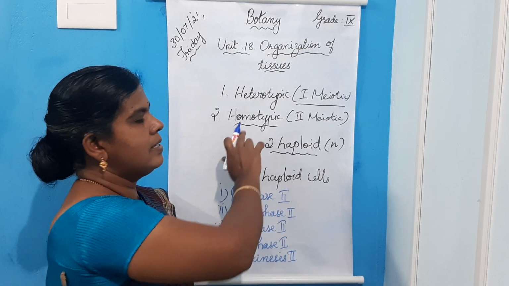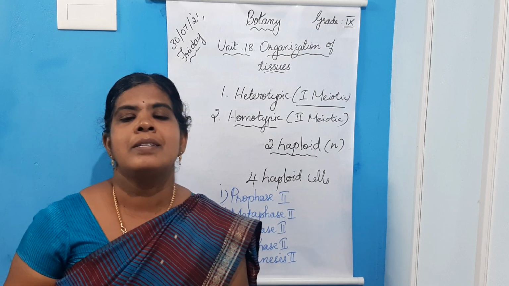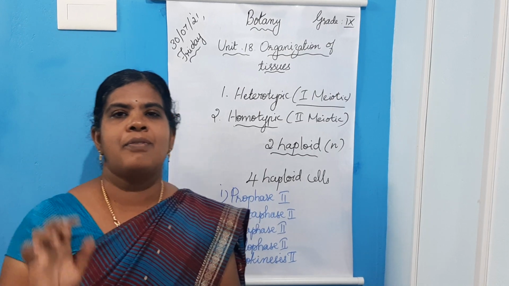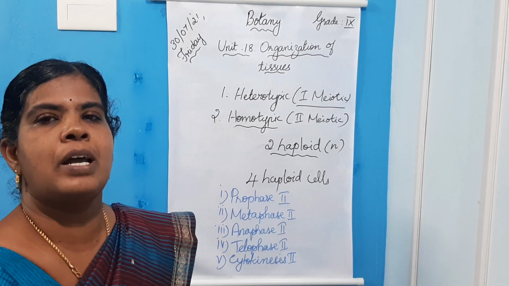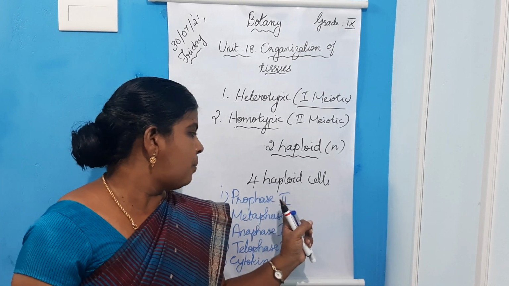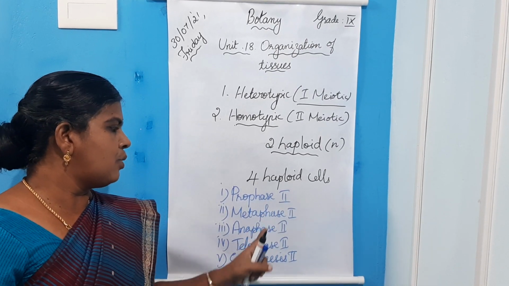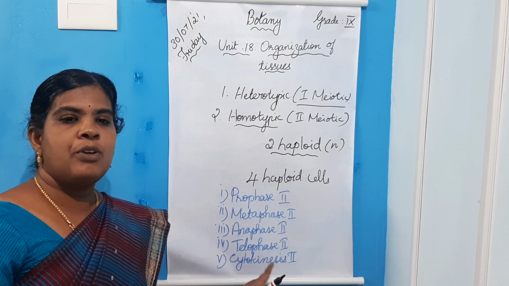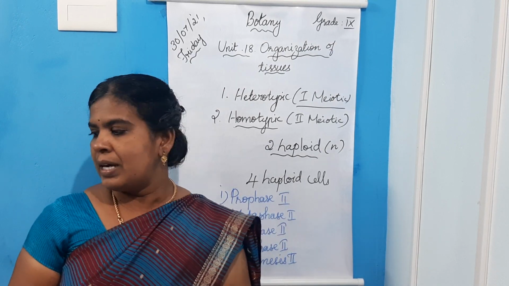These are the stages under homotypic cell division. There are 5 stages: prophase 2, metaphase 2, anaphase 2, telophase 2 and cytokinesis.